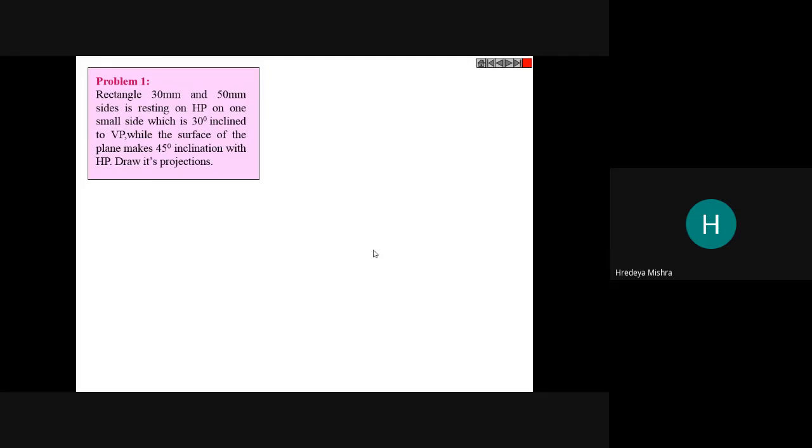A rectangle, 30 mm and 50 mm side, is resting on the HP. One small side is 30° inclined to the VP, while the surface of the plane makes 45° inclination. This problem we previously attempted, but you can revise this.